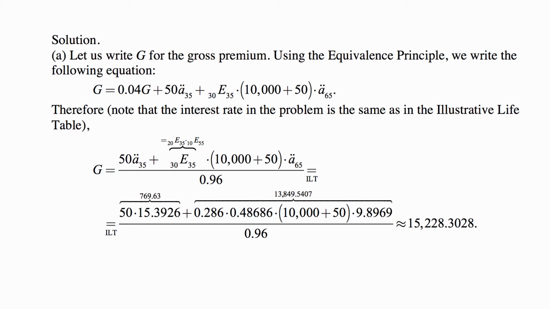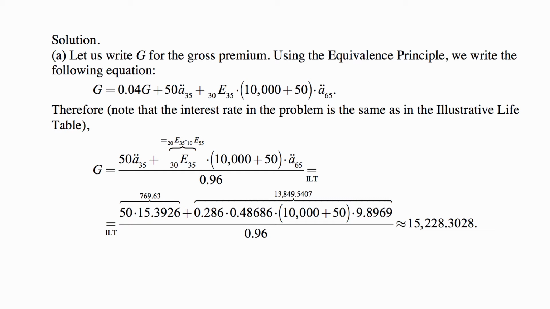It's the same thing, but you need to split the 30-year endowment into a product of 20-year endowment times 10-year endowment. Or if you really want to make it harder on yourself, you can split it into a product of 3 10-year endowments, but don't do that, it's a waste of effort. You can just do what I showed you here. And then we calculate those values there.